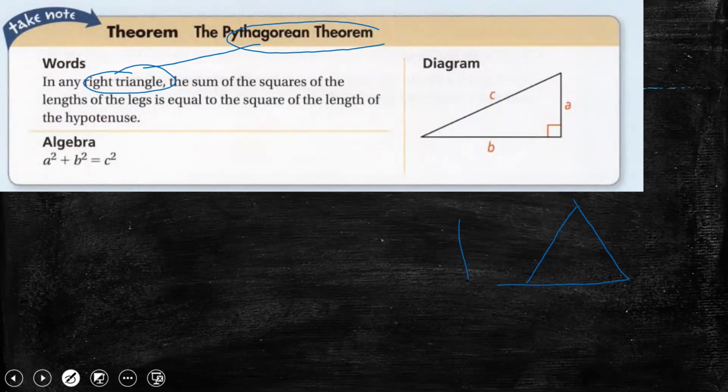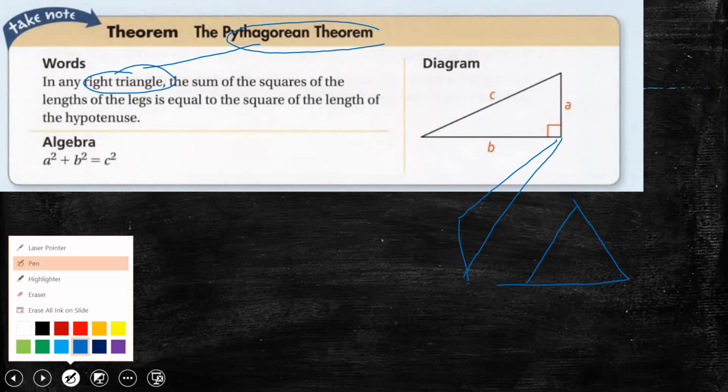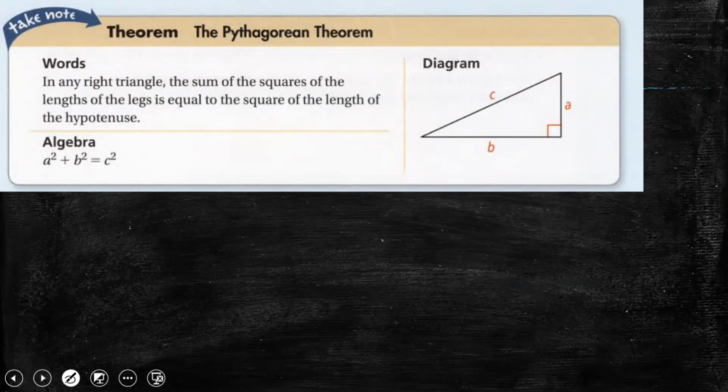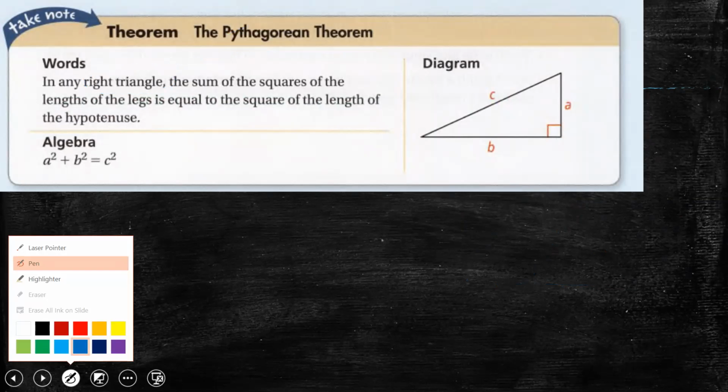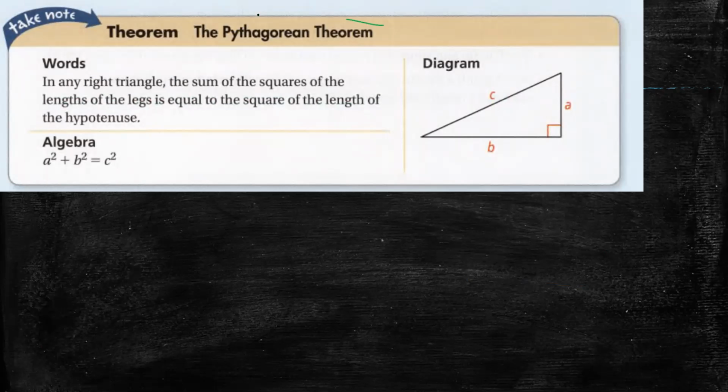In an equilateral triangle, you cannot also. Only in a right triangle. So, as we said, the Pythagorean theorem is used only in a right triangle.